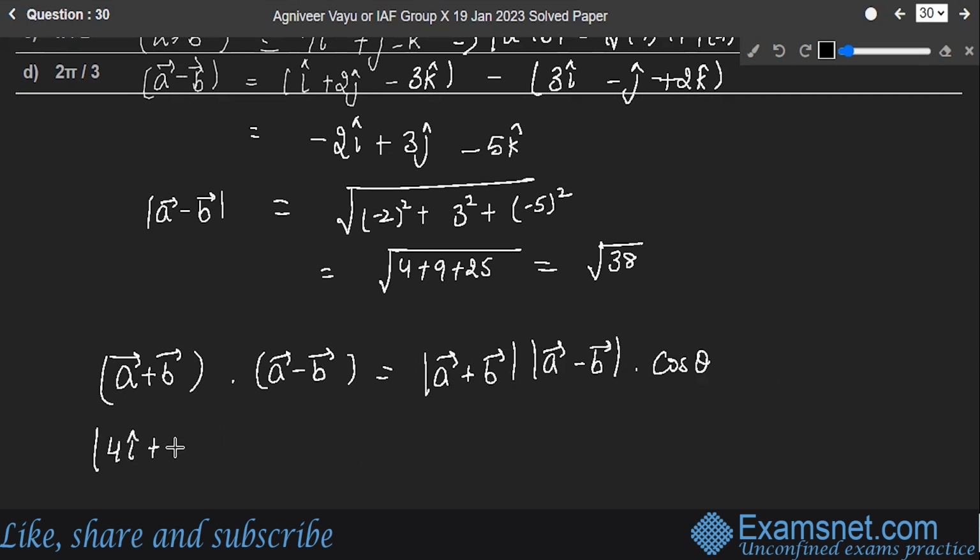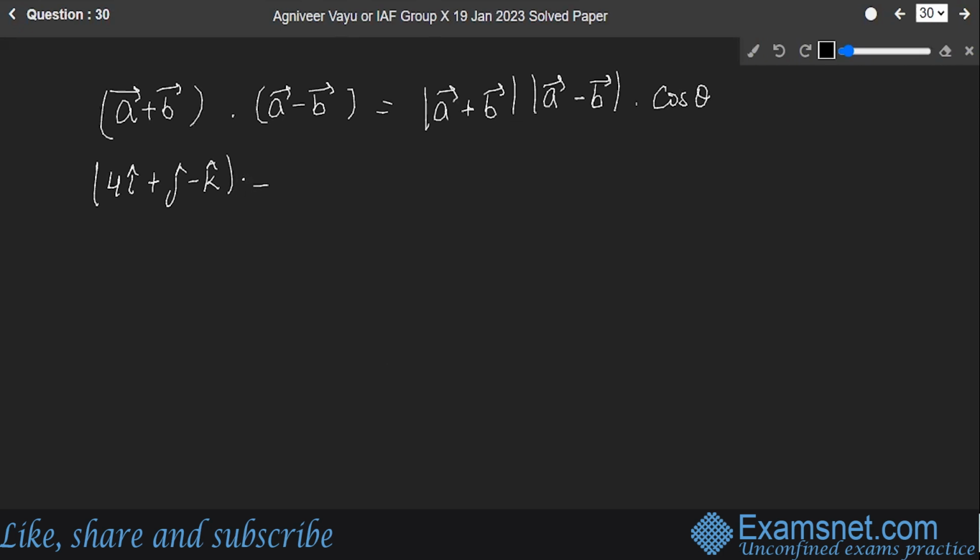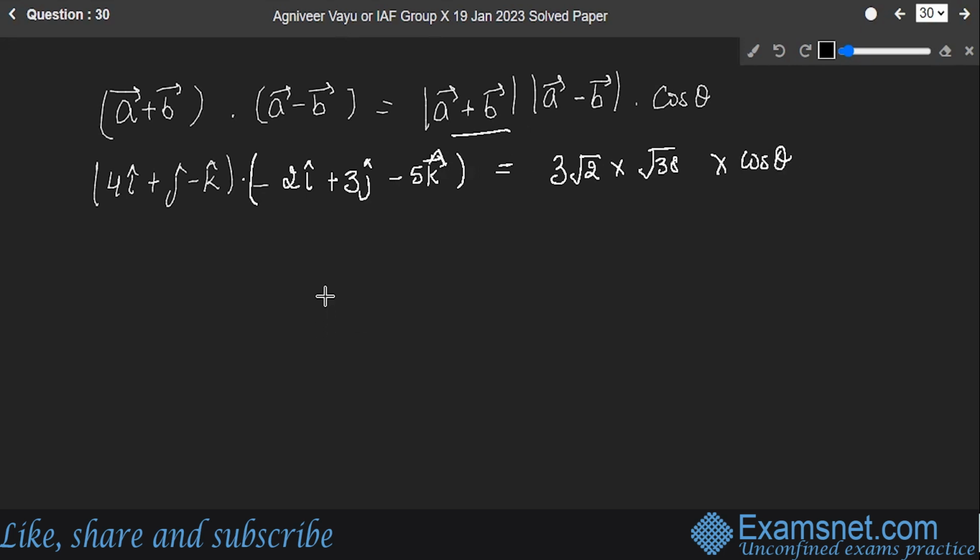This is 4i plus j minus k dot with minus 2i plus 3j minus 5k is equal to, now this was 3 root 2 and this was root 38, multiplied by cos of the angle between them. Now the dot product of the two vectors is equal to this, right?